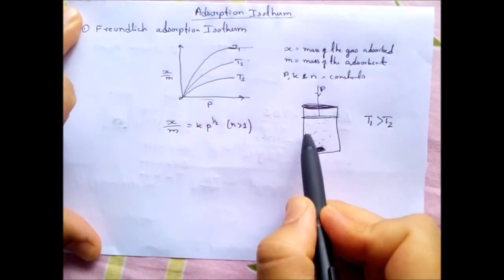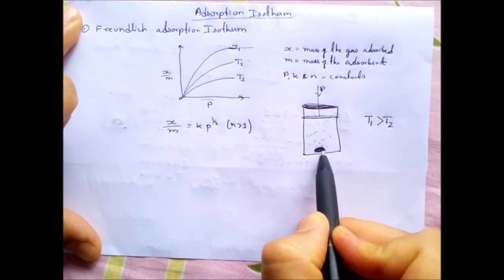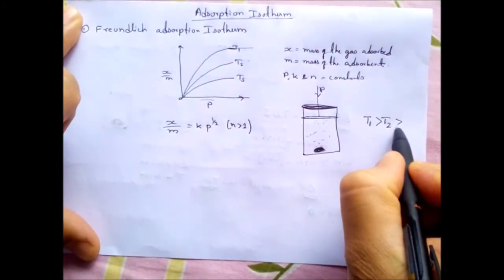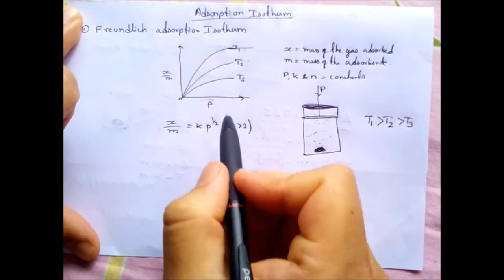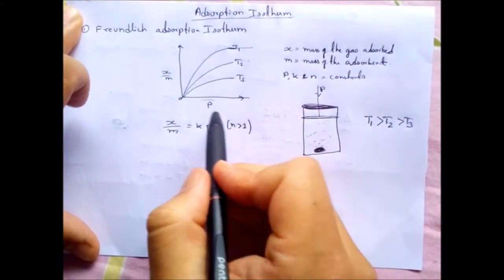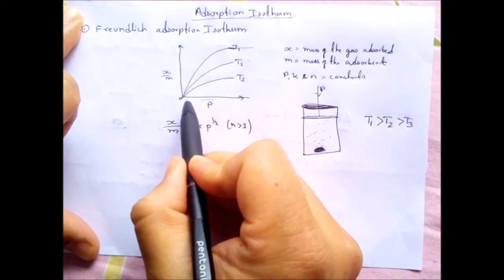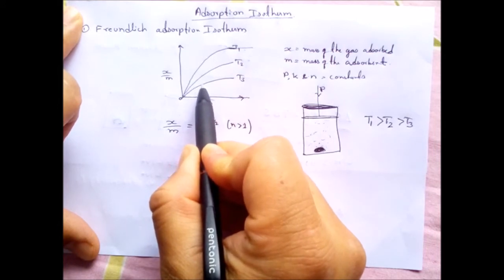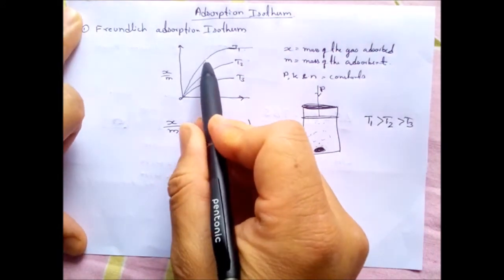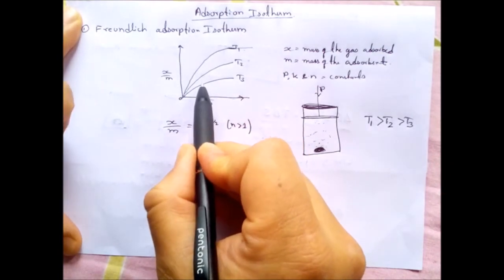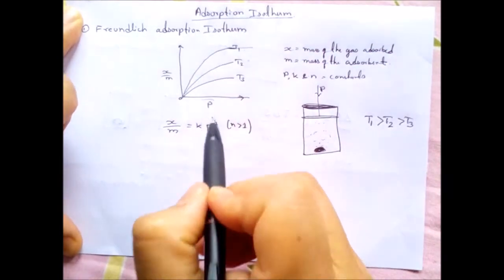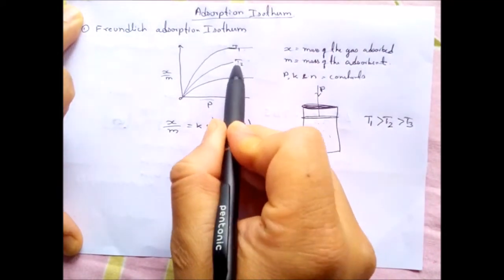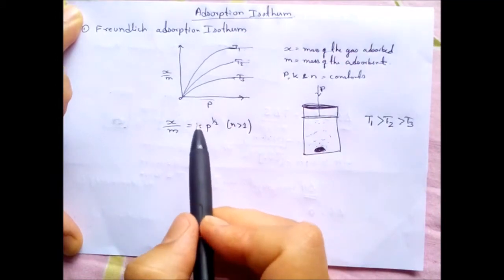For the same composition, same material, same amount of gas, again we are increasing the temperature, now T3, for the same system. We do the same process again. It is observed that with the increase in pressure, the rate of adsorption increases, but not as much as the earlier one. After some time, in this curve also we reach the saturation point.